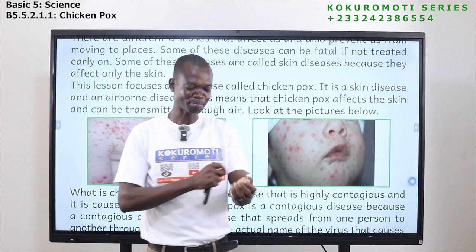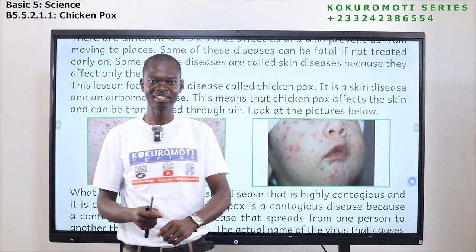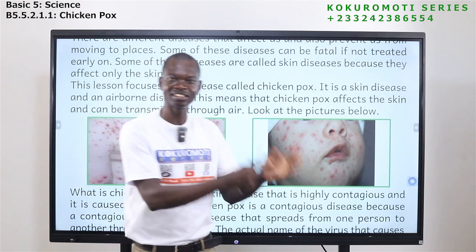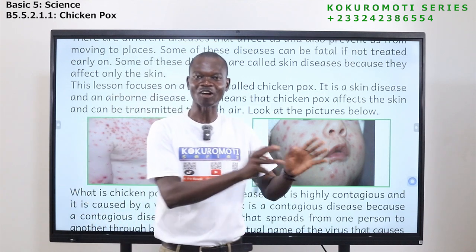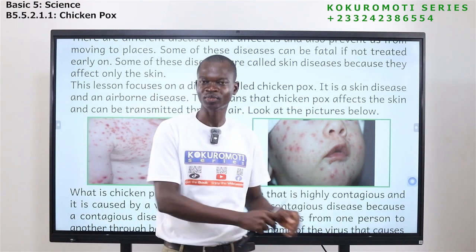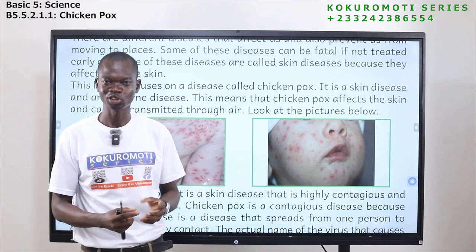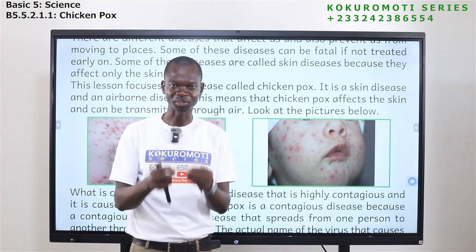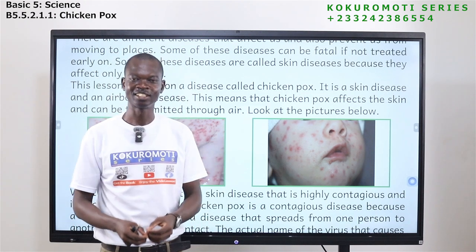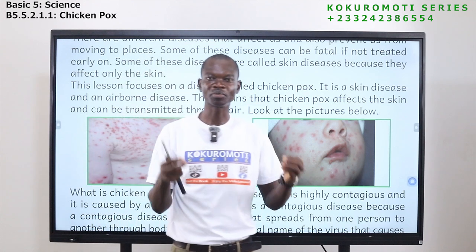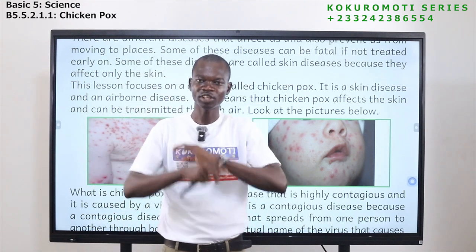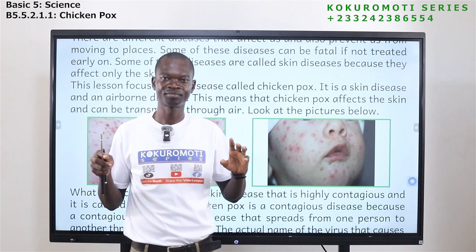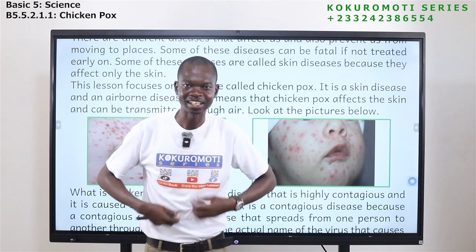The skin is the part that covers the body, and diseases that affect only the skin are called skin diseases. One of them is chickenpox. So today what we are learning is that chickenpox is a skin disease. If you are asked to give examples of skin diseases, remember that chickenpox affects only the skin. It doesn't affect your intestines.